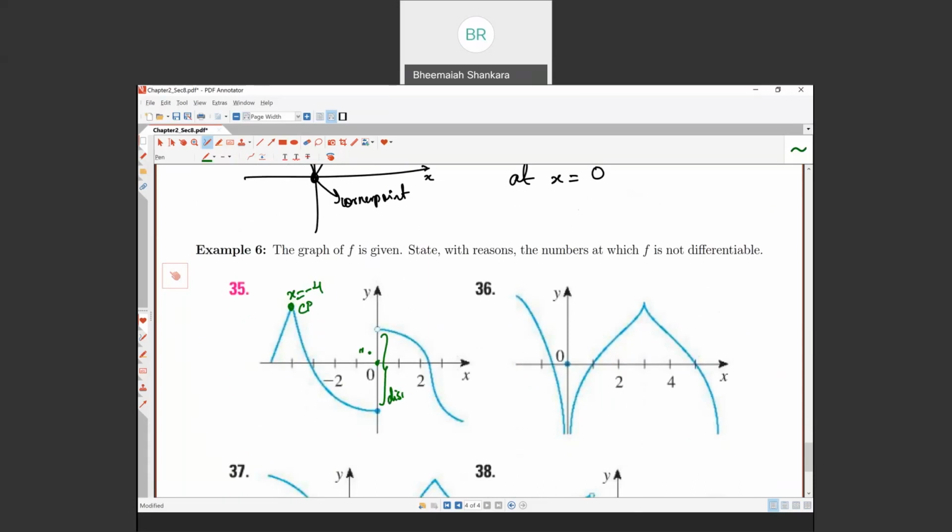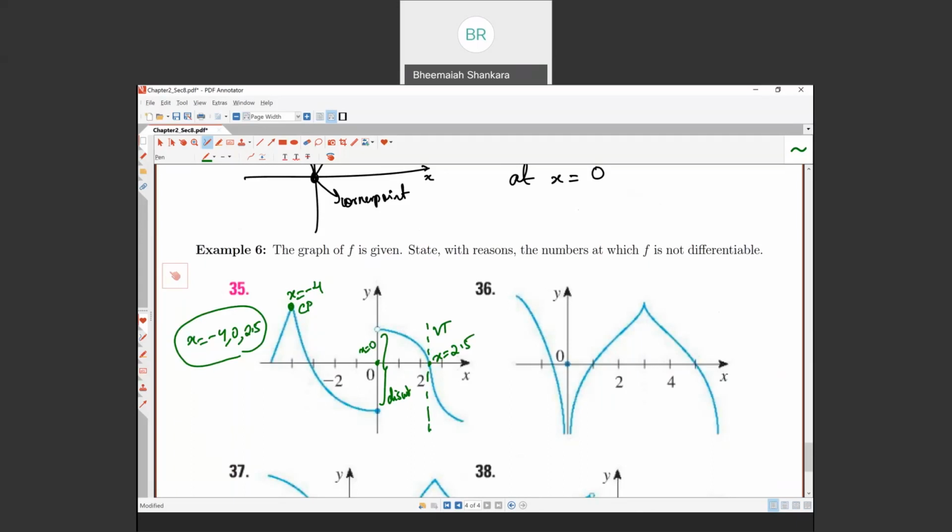And at x equal to 2.5, you're able to draw a vertical tangent. So at these 3 points, x equal to -4, 0, and 2.5, the function is not differentiable, whereas the function is differentiable elsewhere, not just at these 3 points.